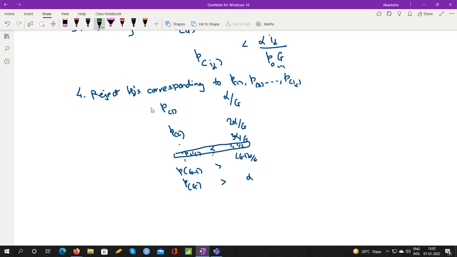In that case you say that the H naughts corresponding to all these p values should be rejected. The remaining H naughts should not be rejected. Only the H naughts corresponding to all the p values up to this i alpha should be rejected. Is it clear what I am saying here?